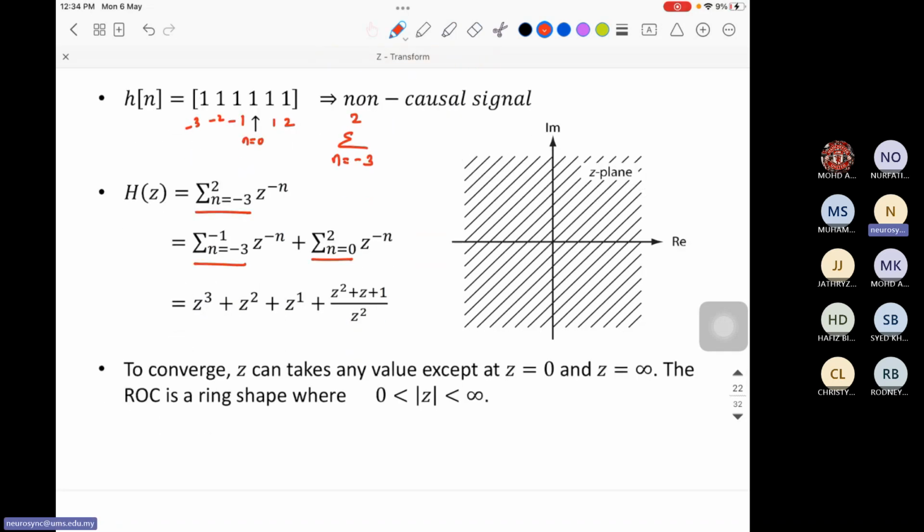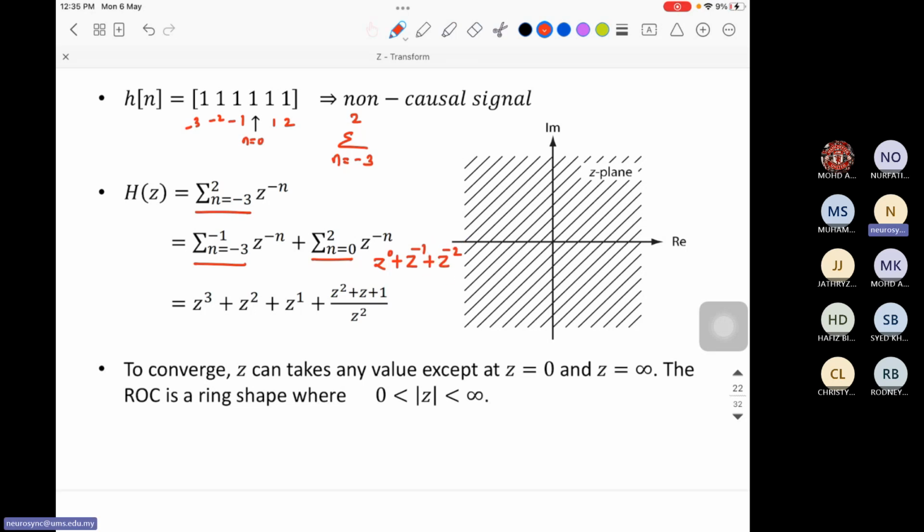So if you separate this summation and solve, this is z to the power 3 plus z to the power 2 plus z to the power 1. For this summation, it is z to the power 0 plus z to the power minus 1 plus z to the power minus 2.